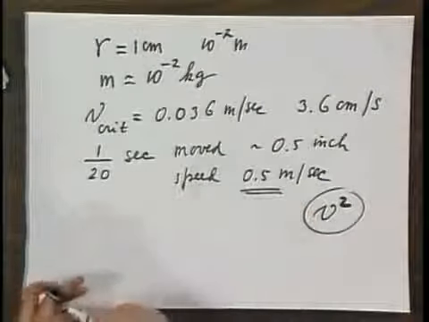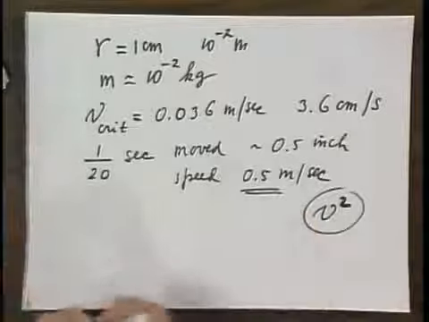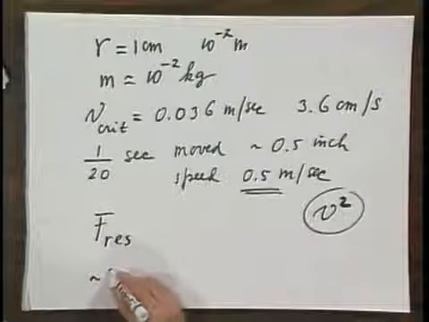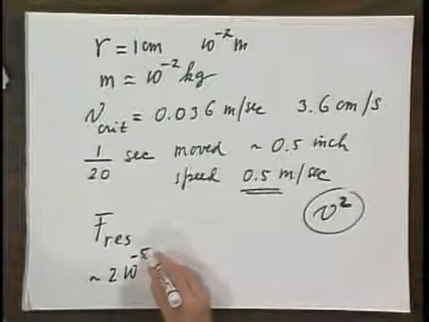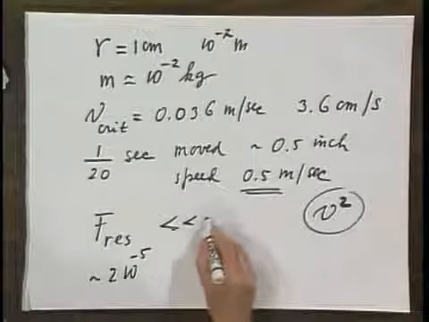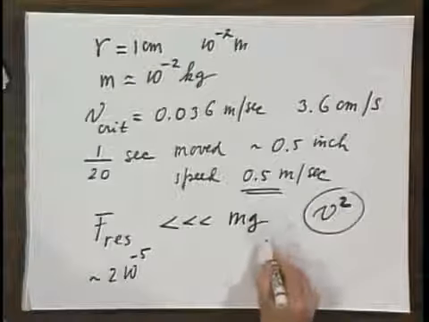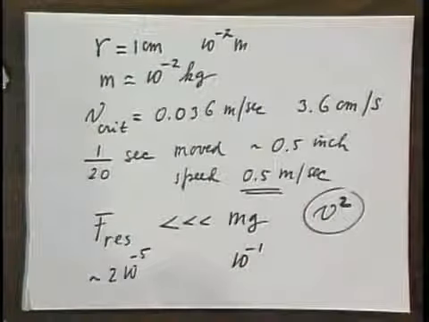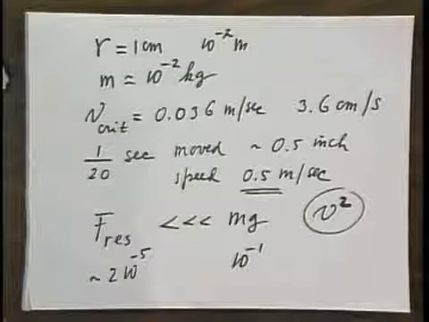In fact, at this very moment, if you calculated the resistive force, you will find something of the order of 2 times 10 to the minus 5 newtons, which is way, way smaller than the gravitational force mg on the object, which is 10 to the minus 1 newtons.